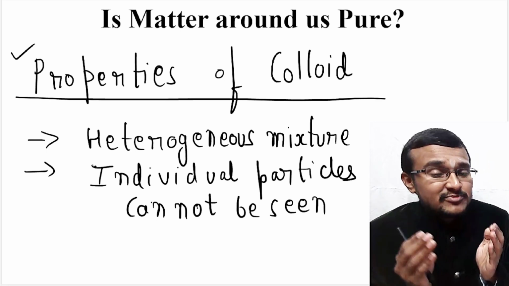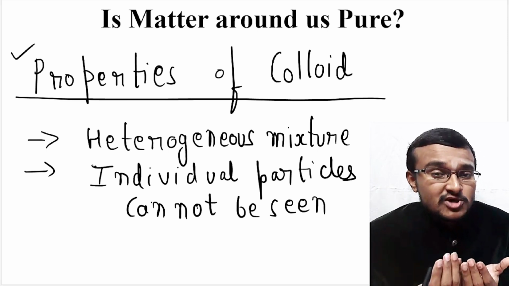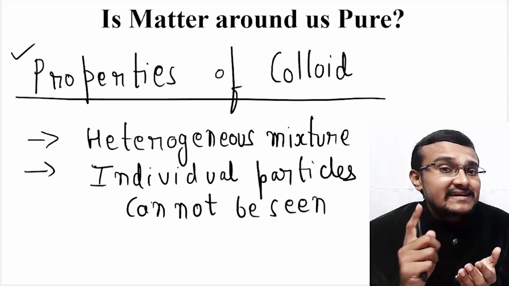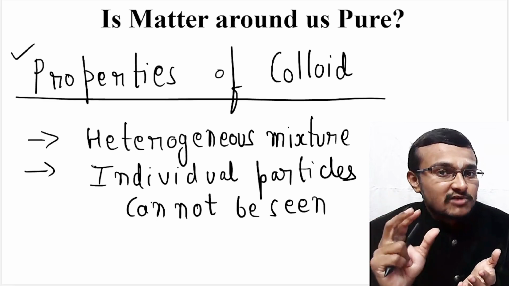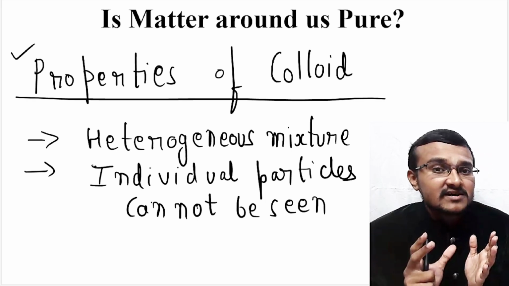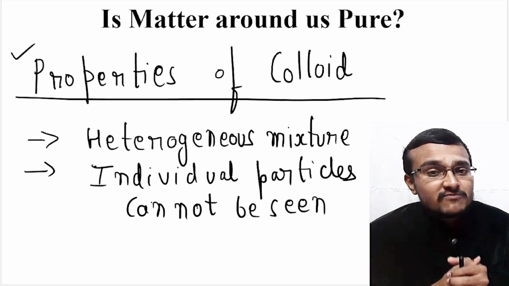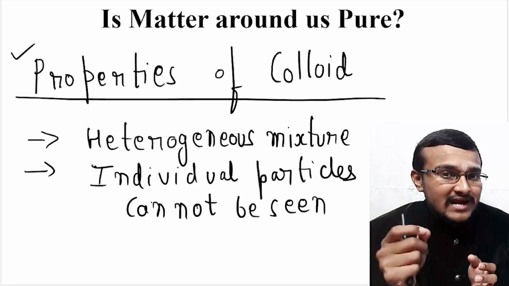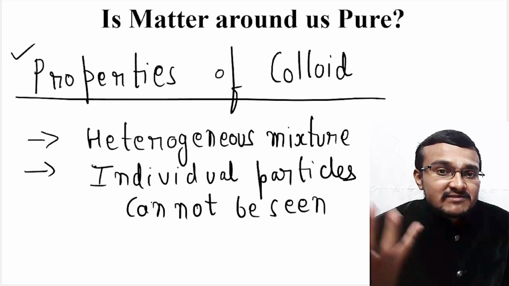So particles in that colloidal solution are uniformly dispersed throughout the solvent, but they are not homogeneously mixed with that solvent. That means they have not formed a uniform composition with the solvent, but they have uniformly dispersed throughout the solvent. So that's why in a colloidal solution you cannot see individual particles, but a group of particles will make a difference.